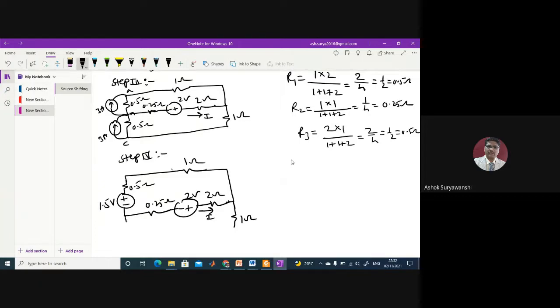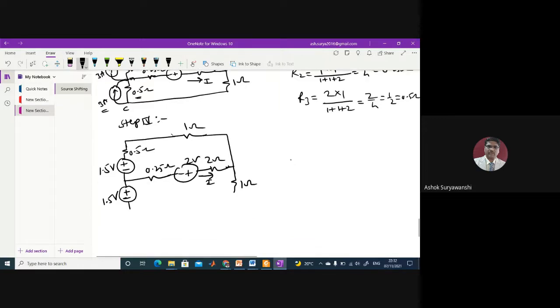Now transform this lower current source also into an equivalent voltage source. So what will you get? A voltage source, again with plus minus polarity, and the value is V equal to IR. I is 3 ampere, R is 0.5, so 3 times 0.5 is 1.5, so again it is 1.5 volt, and this 0.5 is in series, right?